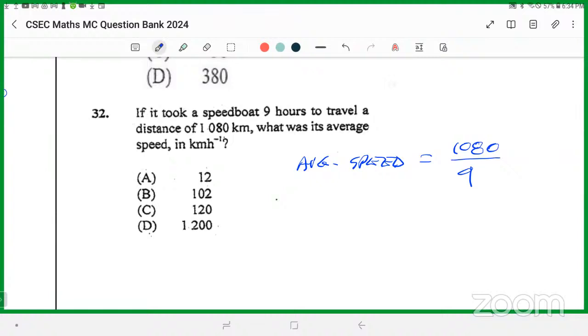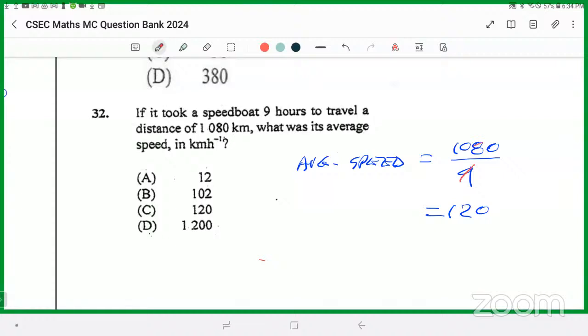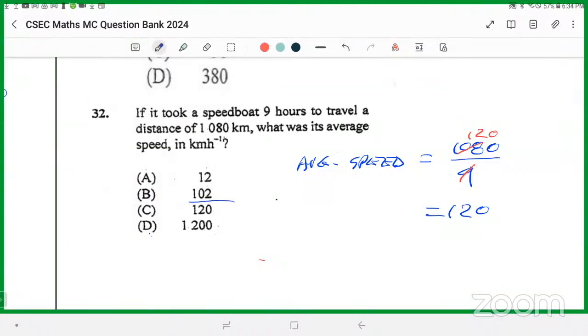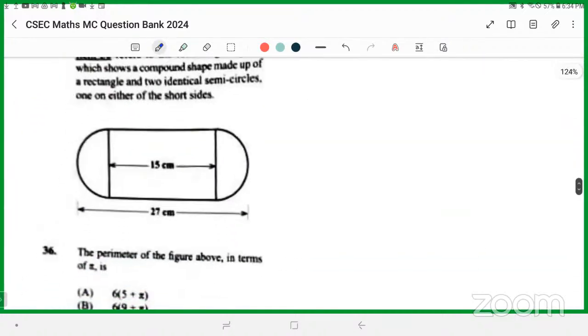So it becomes 120, because 9 into 108 goes 12, and I have this 0 on it, so we get 120. So the answer is 120. We did this question earlier. It's a repeat question. That is it. Next page, last question before we take a break.